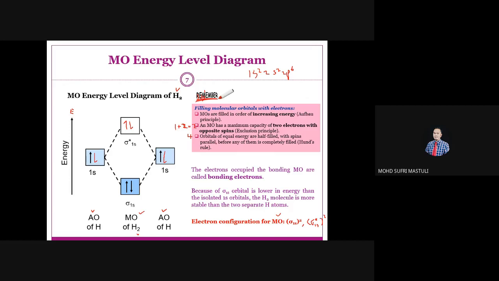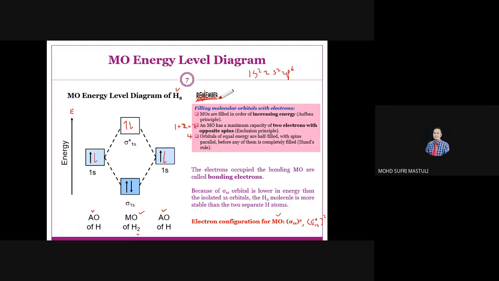We call it the Aufbau principle. So we fill in the molecular orbital with lower energy first, followed by the higher energy. In a molecular orbital, the maximum is 2 electrons with opposite spin, up and down. We call it the exclusion principle. The orbitals of equal energy are half filled with parallel spin before any of them is completely filled.